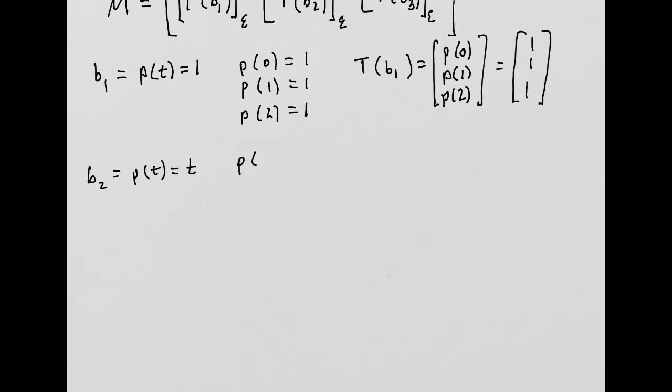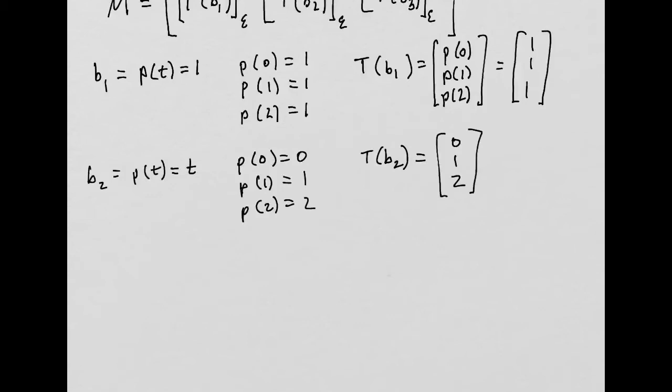So p of 0, I'll plug in a 0 for t here. So p of 0 is just 0. p of 1 is 1. p of 2 is 2. So T of b2 is 0, 1, 2.